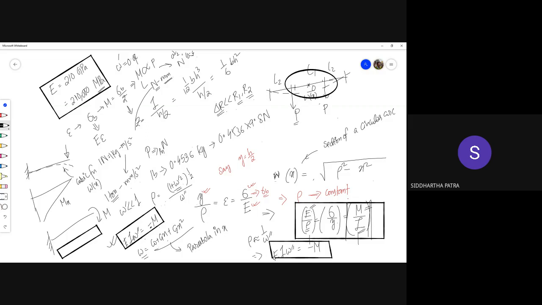So that you only get by ignoring the negligible W prime squared value.